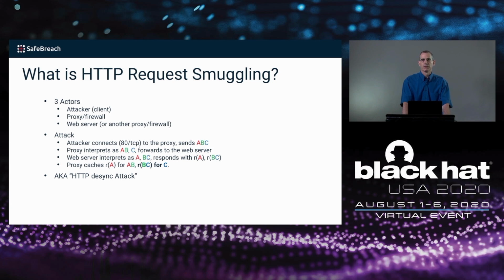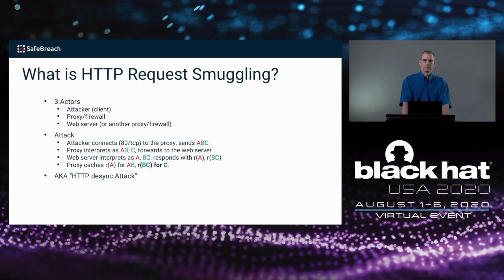And the attack involves the attacker connecting over port 80 of TCP to the proxy and sending the proxy an HTTP stream consisting of three chunks or three parts: A followed by B followed by C, and we designate the A part in red, the B part in green, and the C part in blue.